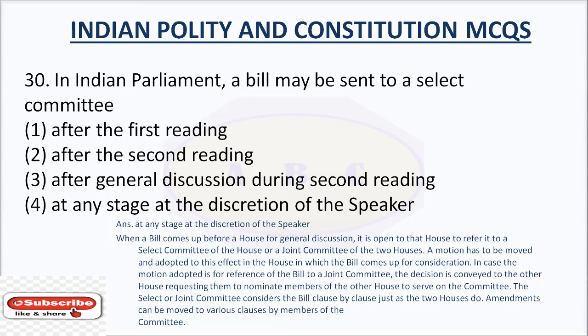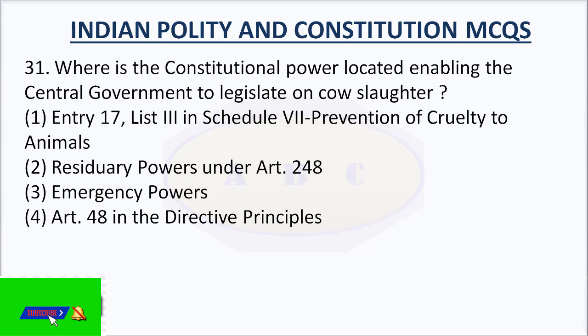In case the motion adopted is for reference of the bill to a joint committee, the decision is conveyed to the other house, requesting them to nominate members of the other house to serve on the committee. The select or joint committee considers the bill clause by clause, just as the two houses do. Amendments can be moved to various clauses by members of the committee.